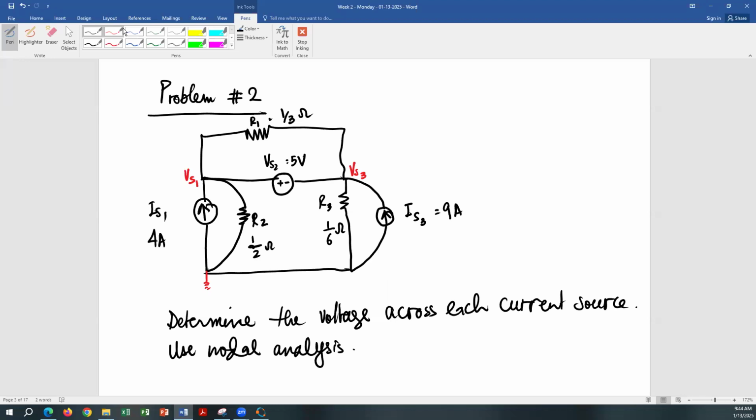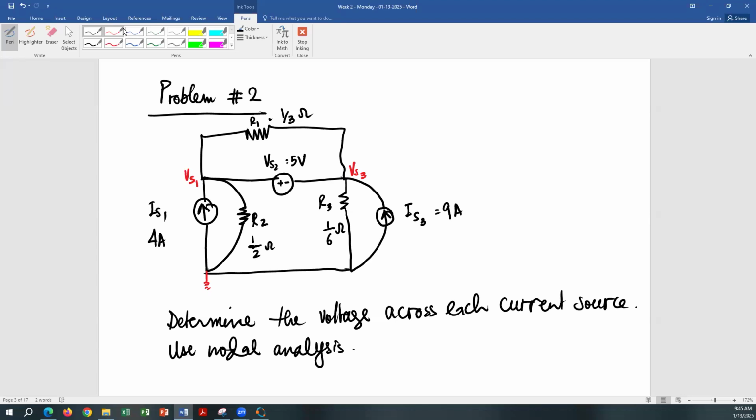But if you do it without supernode, then you're going to have three equations, because you will also have to write the equation for the current that is passing through VS2. And you're going to take that as an unknown quantity, basically, because there is no resistance. So we cannot write down the current passing through VS2 in terms of Ohm's law, because we don't know the resistor in that branch, right?